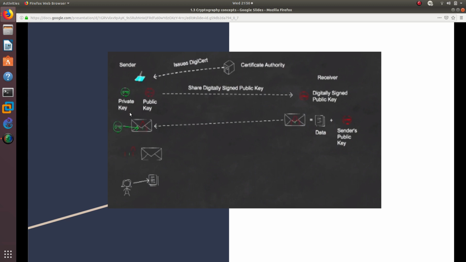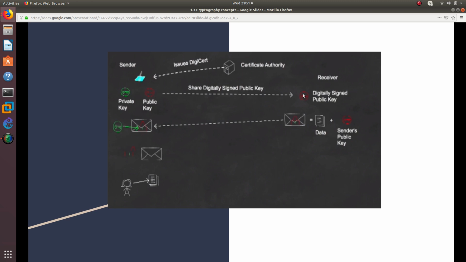Whenever he gets that digital certificate, it has his private key and his public key.